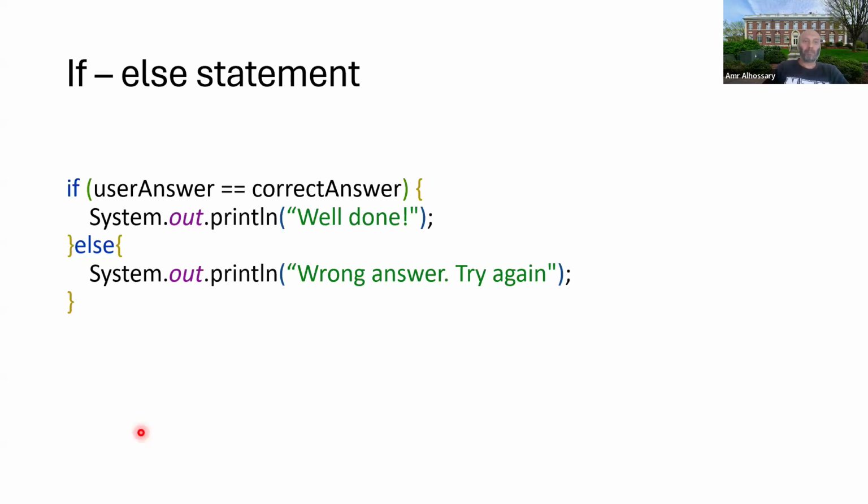Notice here that if the body contains only one statement, we can include this one statement within a block between opening and closing curly brackets, but not the other way.